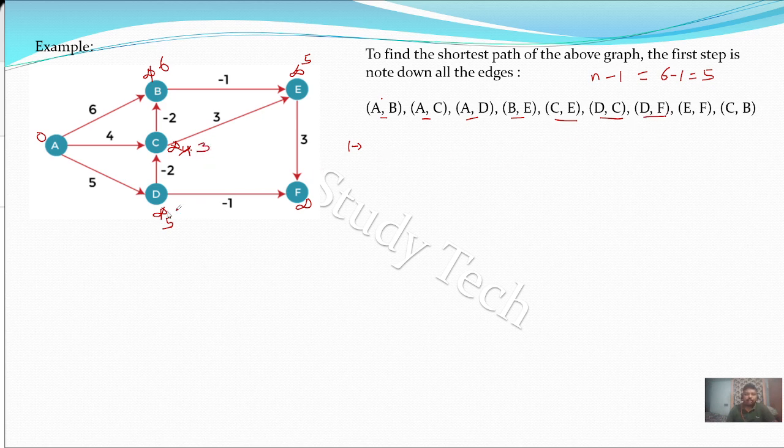D to F: 5 minus 1 is 4, but infinity is there, so we update it. E to F is 5 plus 3, that is 8, but 4 is already there, leave it. And C to B: C is 3, 3 minus 2 is 1, 6 is there, so 1 is the minimum, we update it.